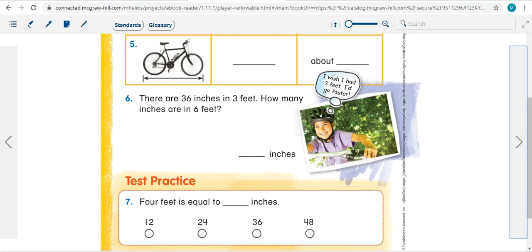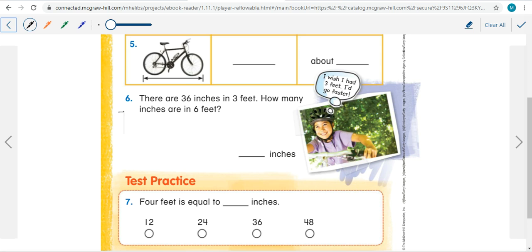Number 6, there are 36 inches in 3 feet. Why is that? Because 1 foot is equal to 12 inches, right? And if you have 3 feet, you add 12 plus 12 plus 12 equals 36.